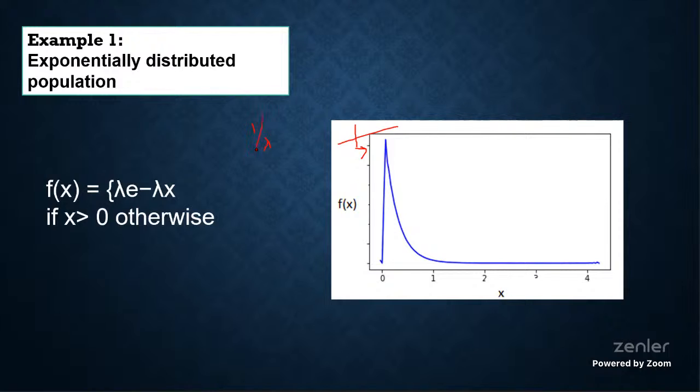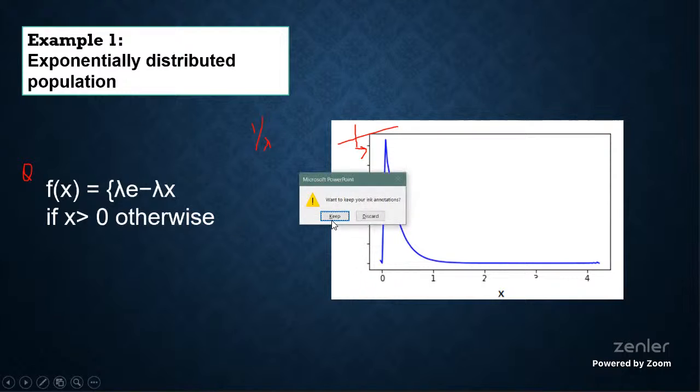So this graph represents the exponentially distributed population, and here is a function given as the probability distribution. Since the population is not normal, the mean and the standard deviation would not be configured much. So according to this, we have to perform one program.